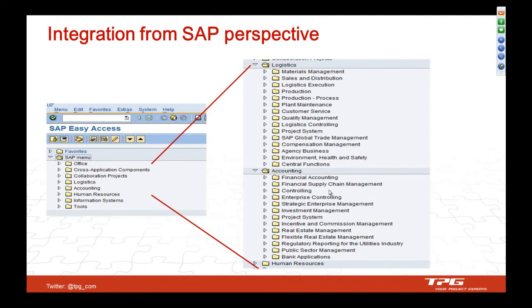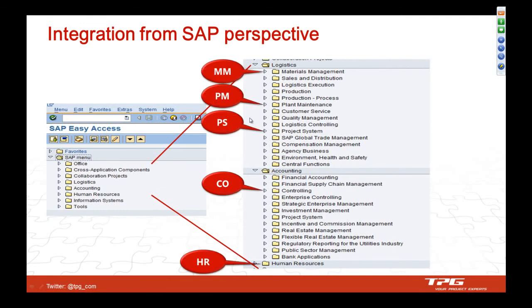The modules that we support by default are material management, mainly for collecting information about purchase orders and commitments, etc. Plant maintenance for customers in construction or oil and gas that need to run things like plant shutdown management, for example. PS, project system.